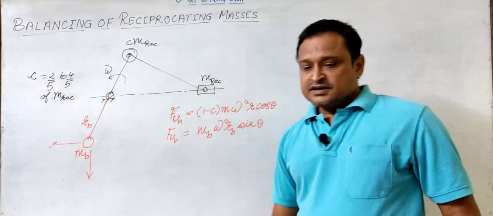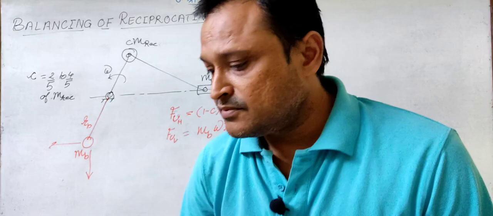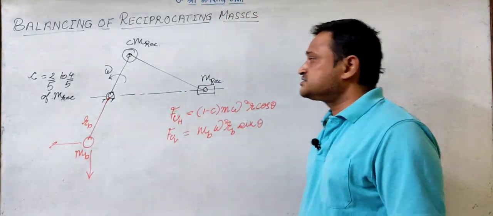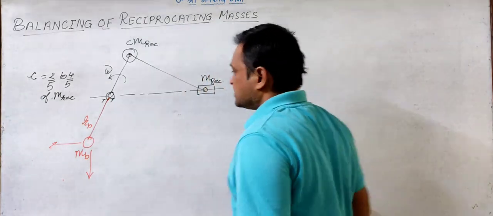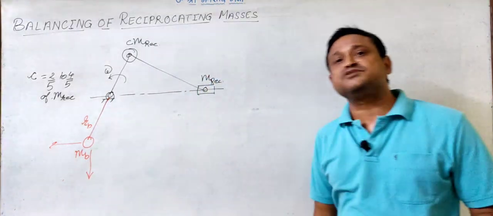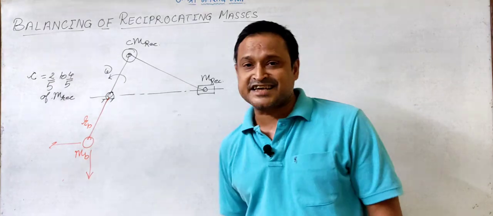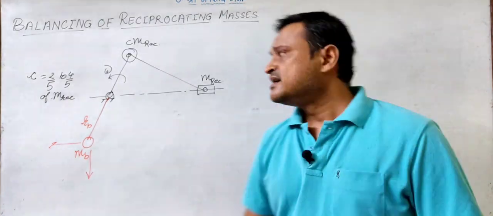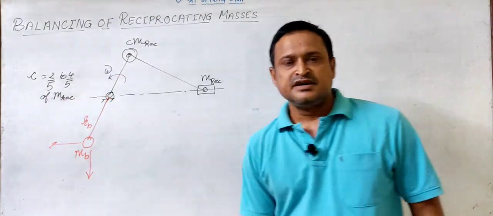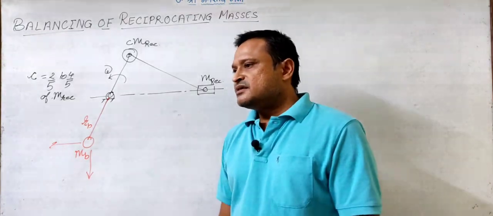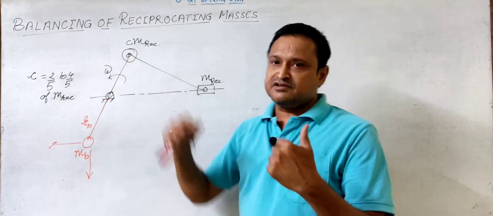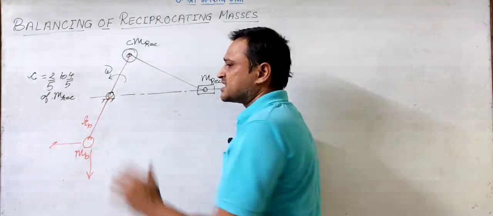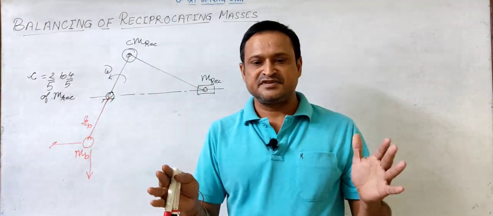Now, this solution we have found out only for the reciprocating mass. There will be rotating mass also in the system. If you see, this crank is a pure rotating mass. So again what we do is we take a dynamically equivalent crank, you can say. The mass of the crank will be a distributed mass, right.